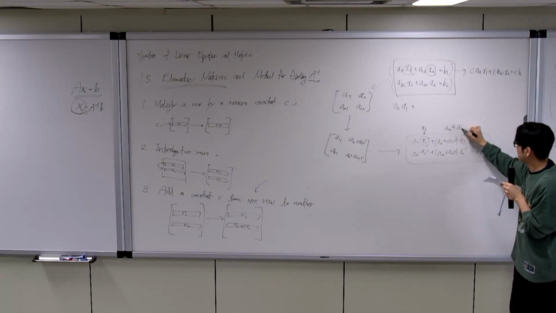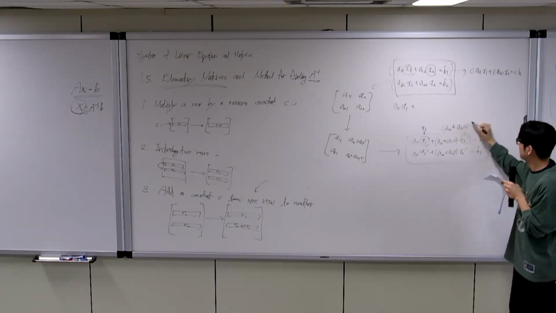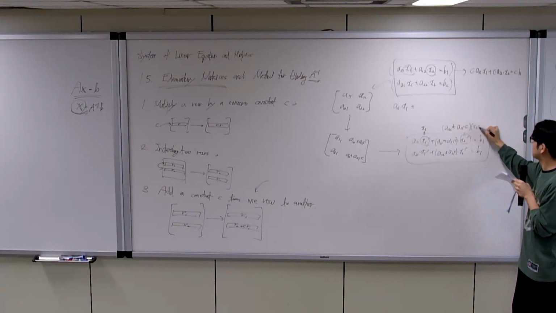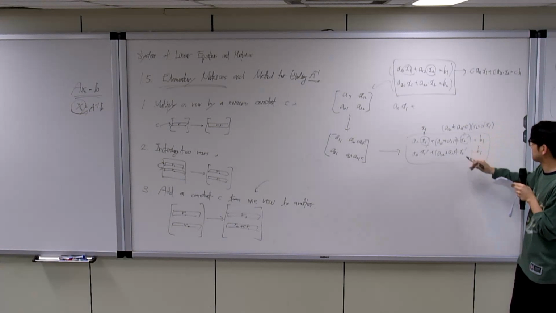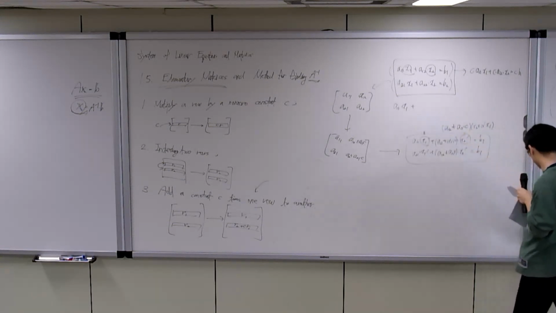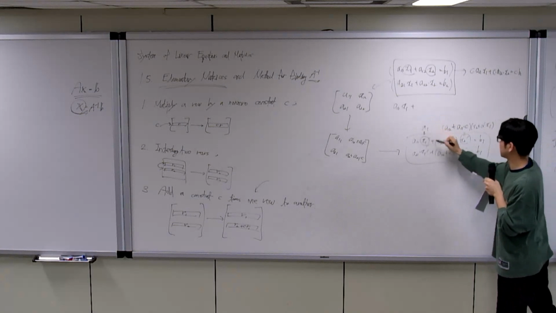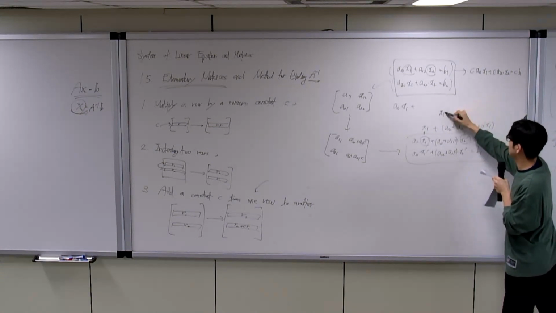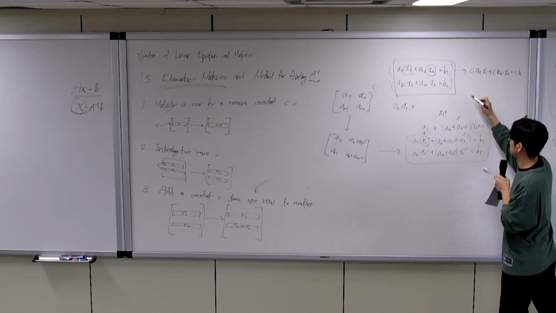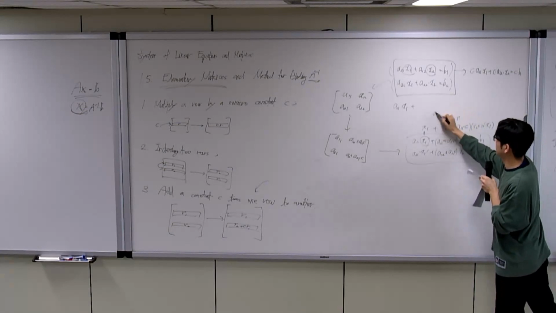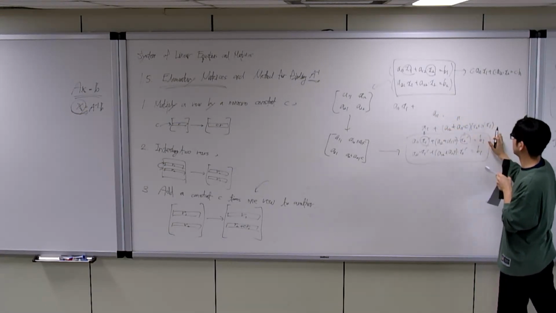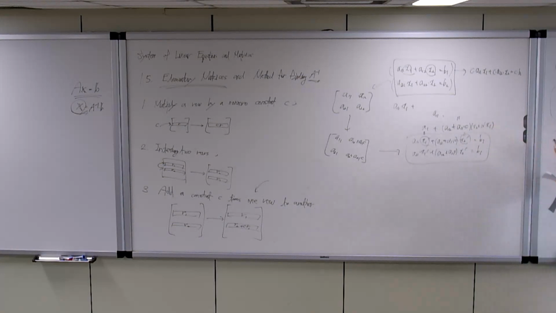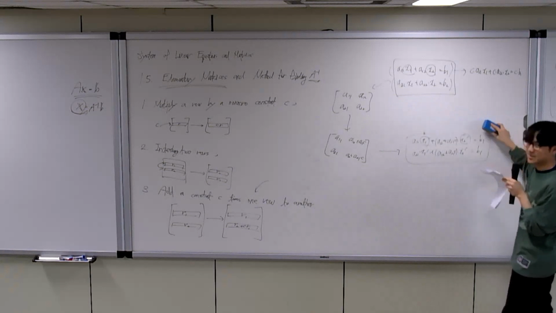A12 plus A11 C, x2 plus x1, and then it will be A11. I missed. Maybe I forgot.